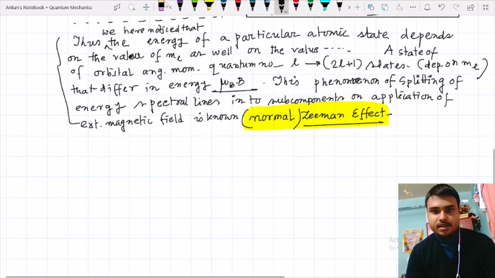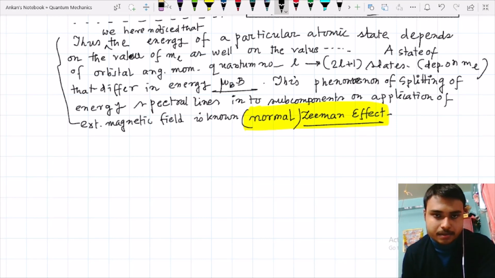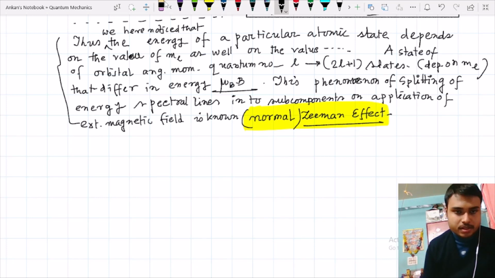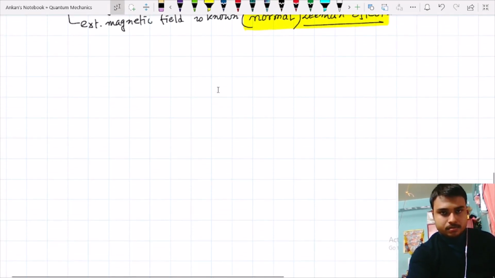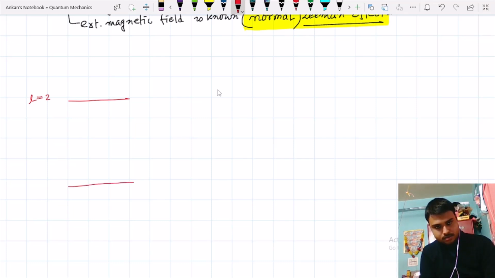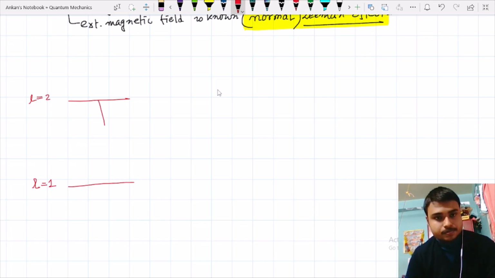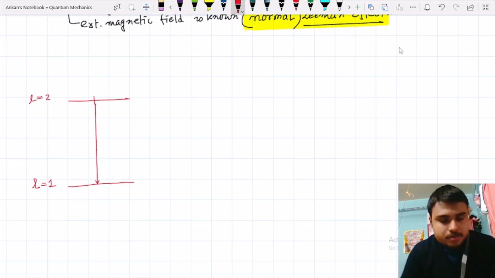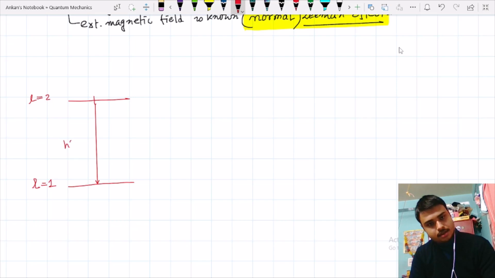Let me explain this with a simple diagram. Let us take the transition between L equal to 2 and L equal to 1. Suppose this is L equal to 2 and this is L equal to 1. Before the application of a magnetic field, we can only obtain the transition with the frequency h nu naught.